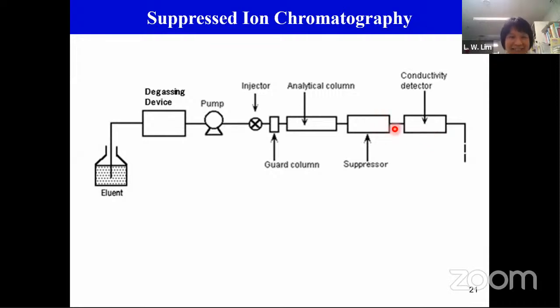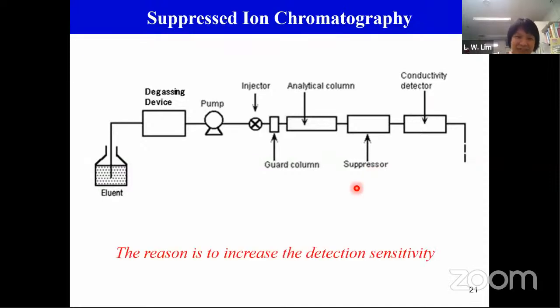Does anybody know why we have to use a suppressor here? We call it suppressed ion chromatography. Maybe it's difficult for you to know. The reason is to increase the detection sensitivity. For example, when we use conductivity, sometimes for some eluents the conductivity is very high.